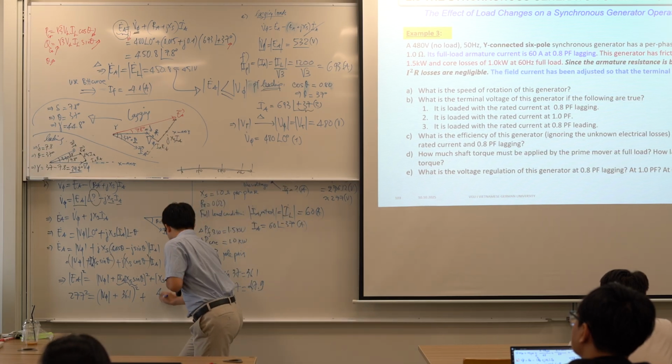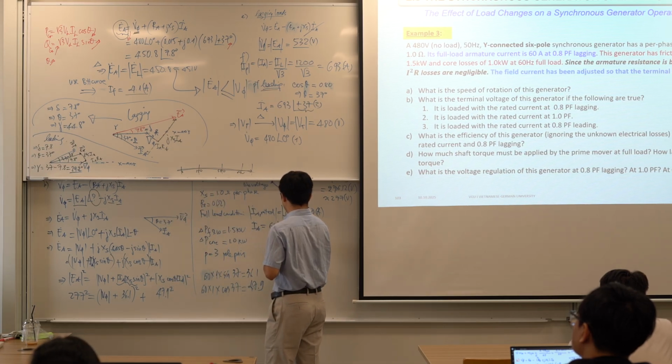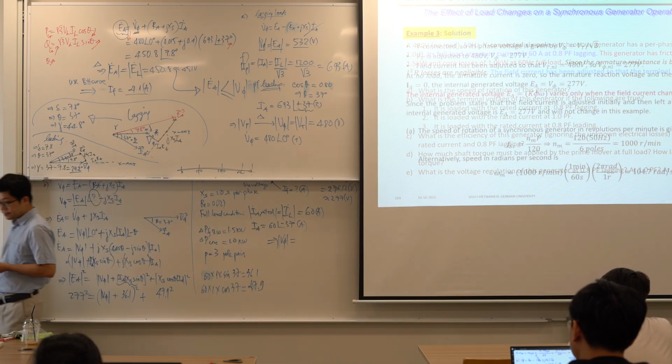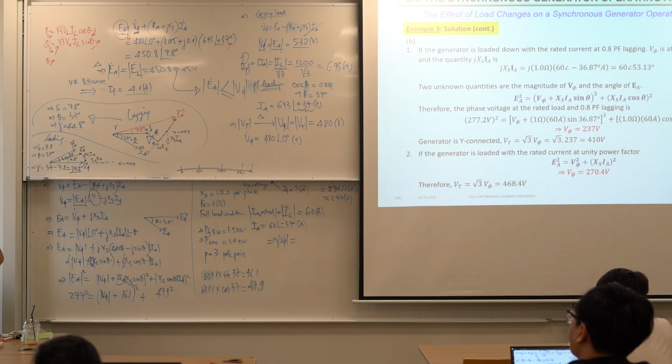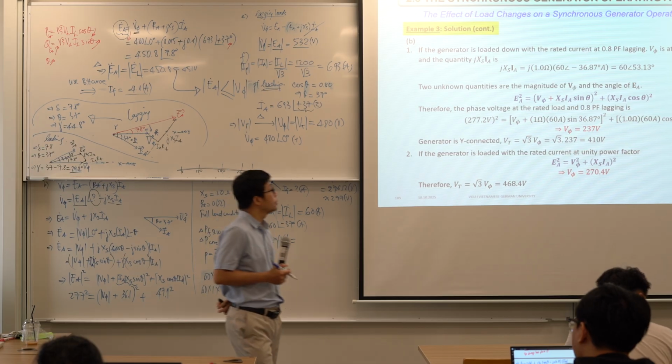So here 47.9 squared. Now use a calculator to calculate V phase. How many please? This is important. You should use a calculator.